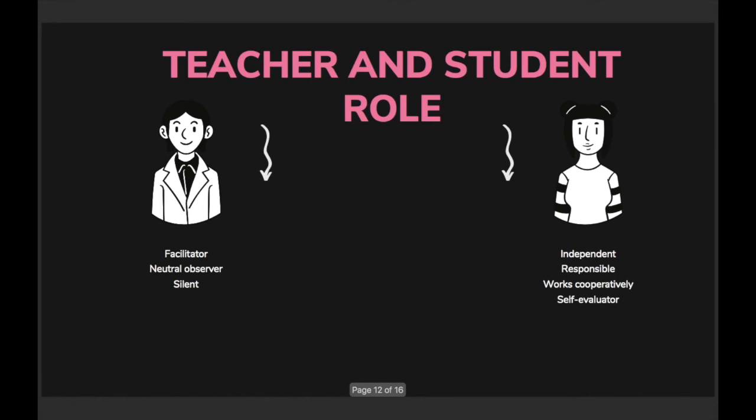Okay, next one is student and teacher roles. So learner roles. Learners are expected to develop independence, autonomy, and responsibility. The autonomous learner chooses proper expressions in a given set of circumstances and situations. The absence of correction and repeated modeling from the teacher requires students to develop inner criteria and to correct themselves.